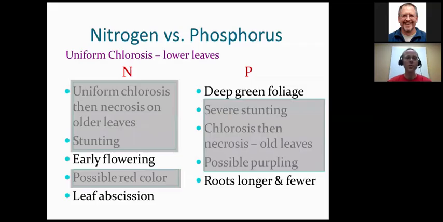Okay, we know that it's a mobile element. We know that it's uniformly chlorosis on the lower leaves, so it brings us to nitrogen or phosphorus. But what's different about these two? Early flowering and leaf abscission is what's different about nitrogen. A slightly deeper green foliage and roots that are longer, and there's fewer of them, for phosphorus.